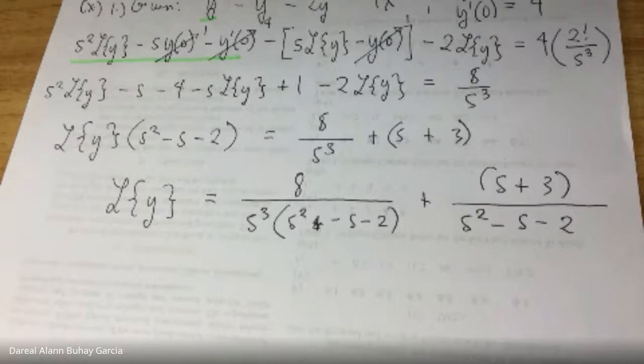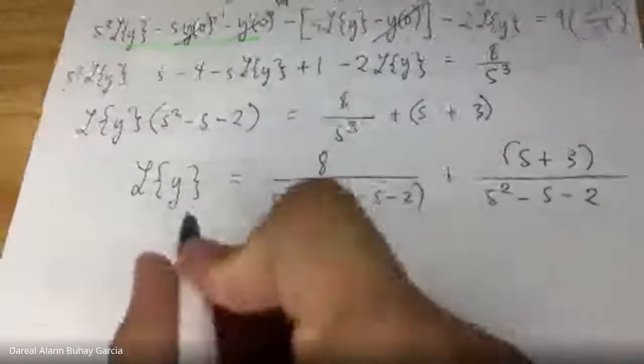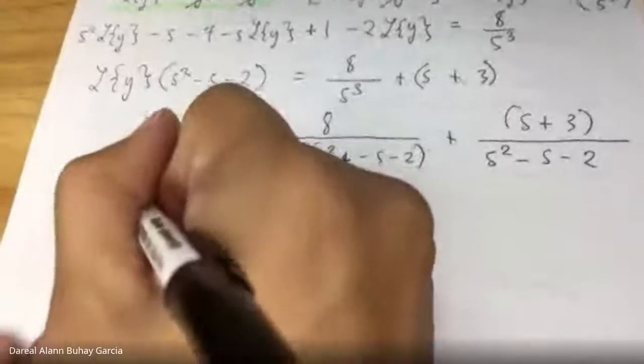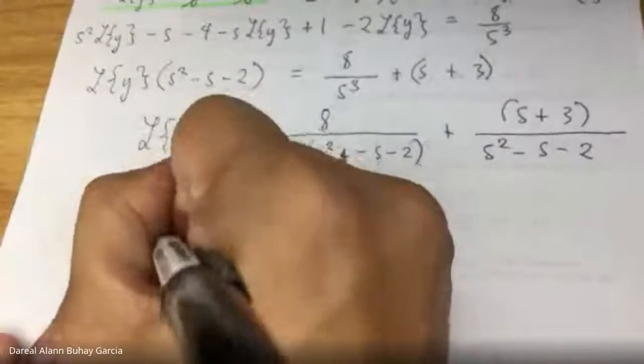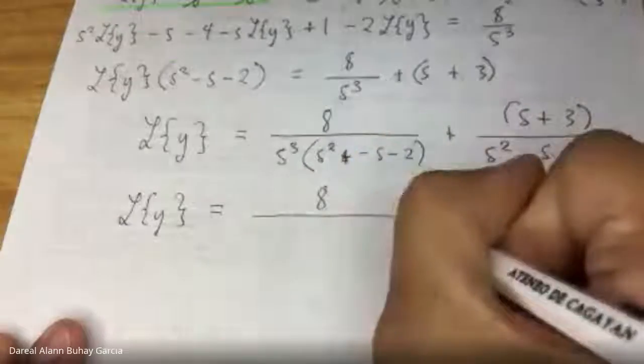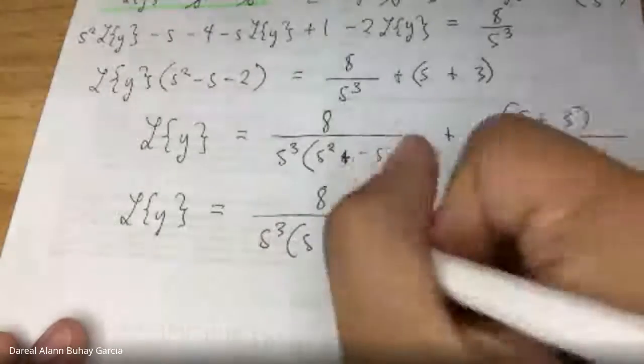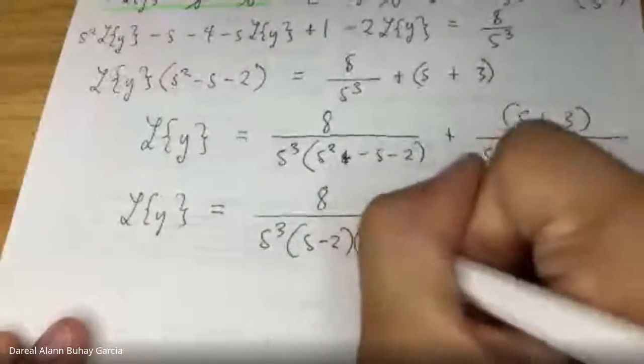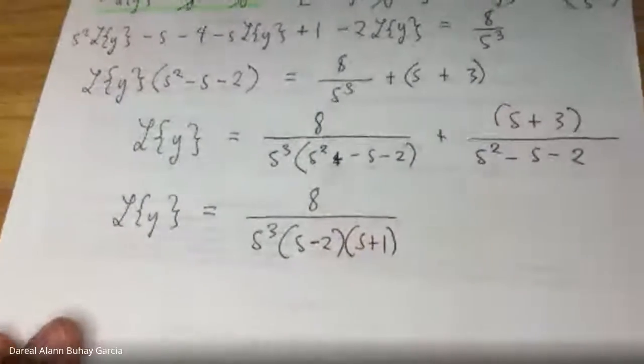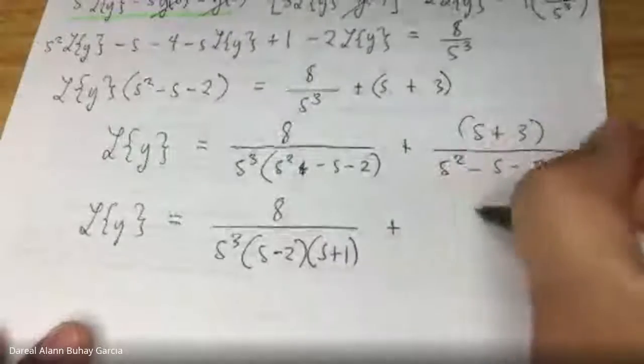S squared minus S minus 2 is S minus 2 ug S plus 1. So, 8 over S cubed, S minus 2, S plus 1. Okay?